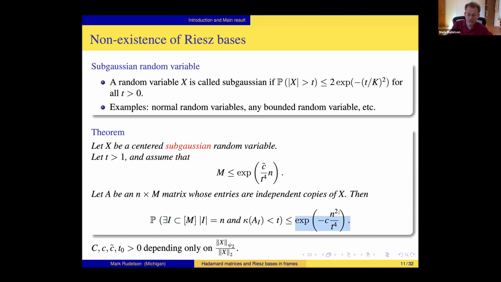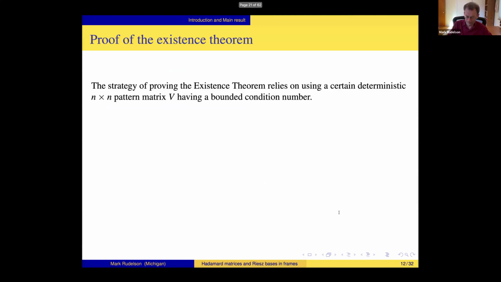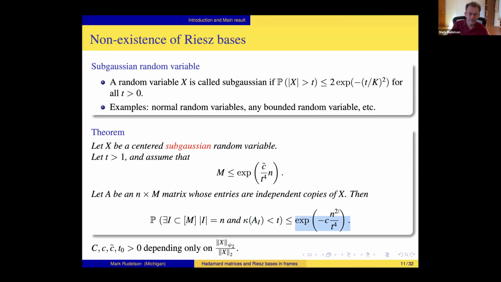It's exponential in n squared. And the constants here depend only on the distribution of the random variable x, and actually on one characteristic of this random variable, the parameter k, the decay parameter.